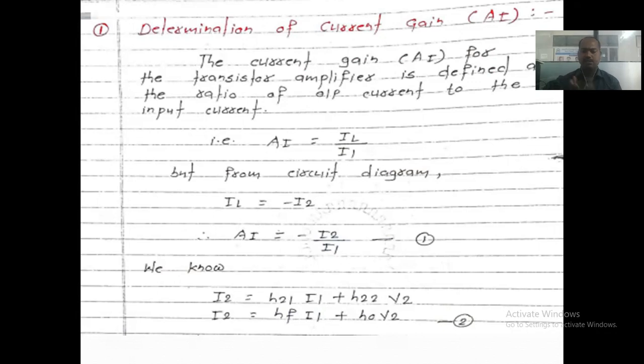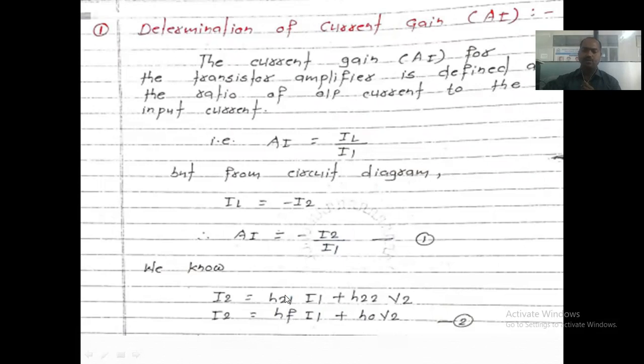But see, we have seen the same thing with respect to H parameter, right? So this is the thing with respect to current. That's why we don't use the equation V1 equal to H11 I1 plus H12 V2. We have to use the term I2 here. So I2 equal to H21 I1 plus H22 V2, right?